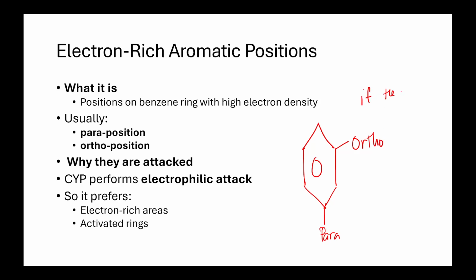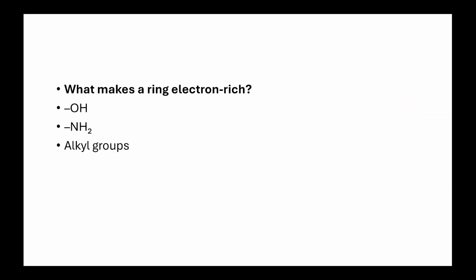If the benzene has high electron density, this too would be attacked. How can you tell if a benzene has high electron density? If the ring has one of the following substituents.